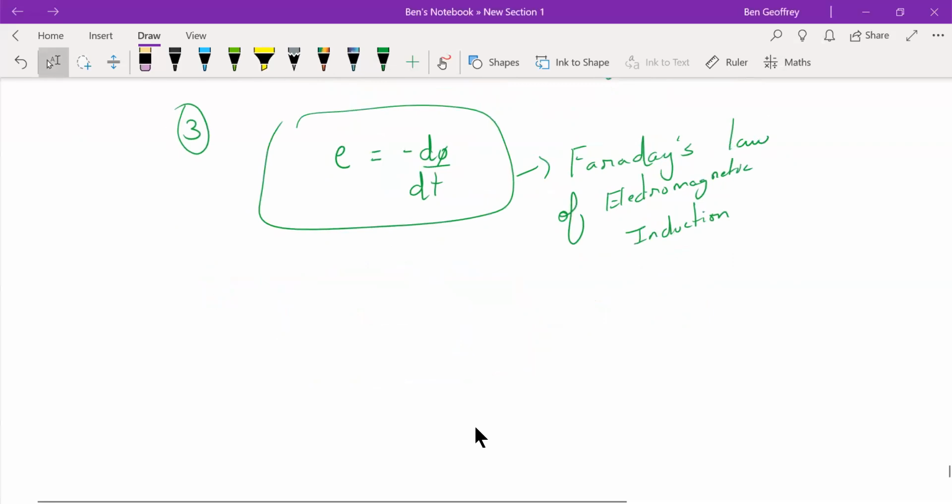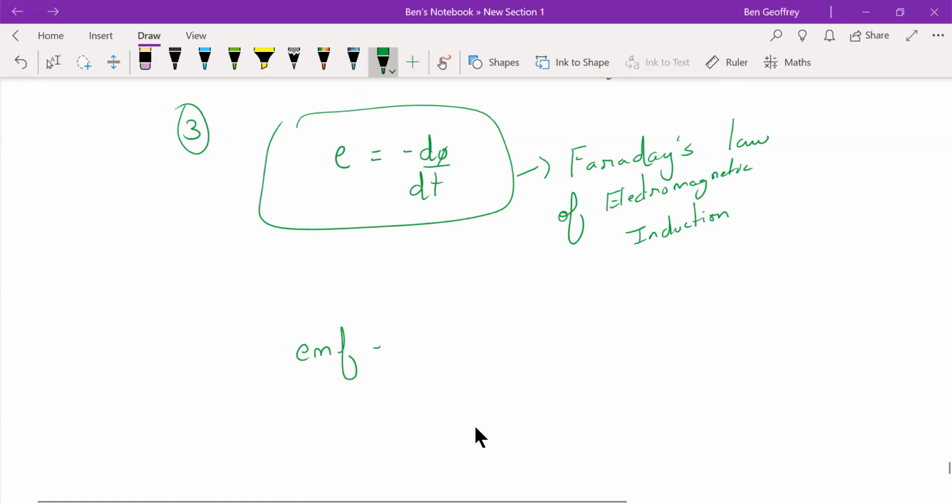Now what is this EMF? You remember the definition of EMF: it is actually a work done. It is a very misleading term to say electromotive force, because it is the work required to carry a unit charge across the entire circuit.